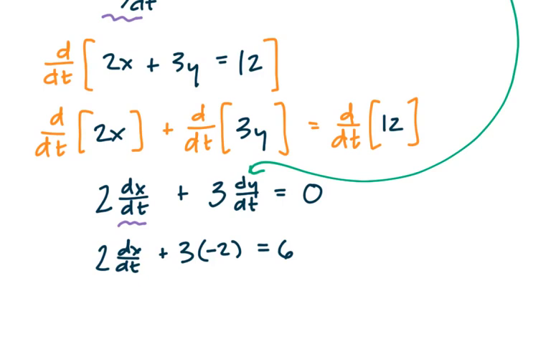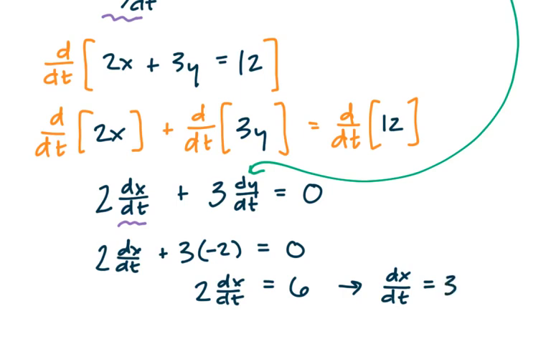Well, that's a -6 there. When I move it over, I've got 2 dx/dt equals +6, and dividing by 2 on both sides, I determine that dx/dt equals 3. So I can find a value. And then again, if this had context, x might represent horizontal change over time and y a vertical change over time. So this could be like feet per second or miles per hour.